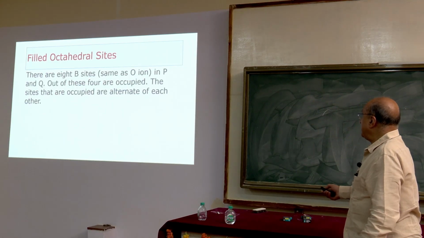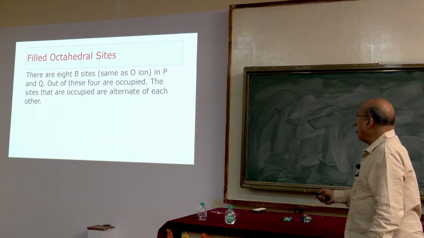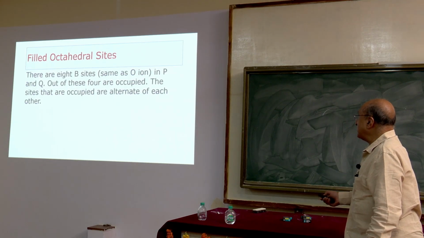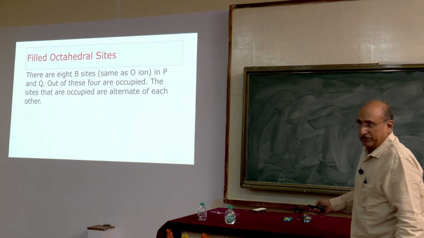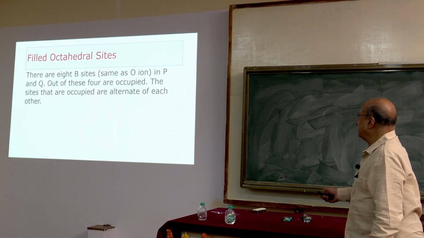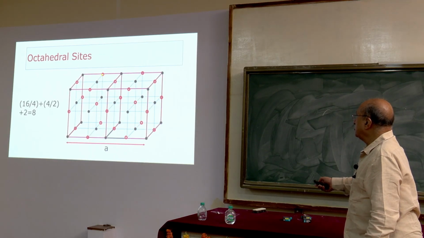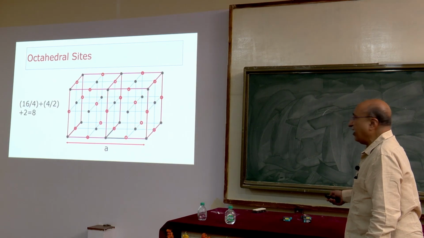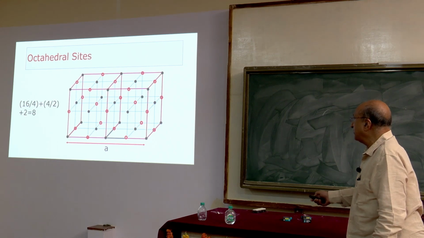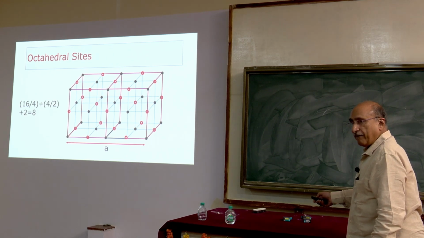There are 8 B sites in P and Q. Out of these, 4 are occupied, and the occupied sites are alternate to each other. You see, in between, these are the oxygen ions, these are the sites. These red ones are the octahedral sites, which are 8. All right.